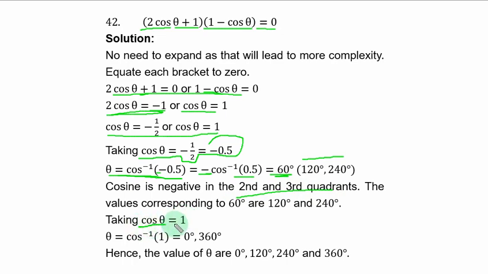Taking cos theta equal to 1. To get theta from here, you simply take the inverse of cosine of both sides. You have it in this form, and that is 0 degrees.